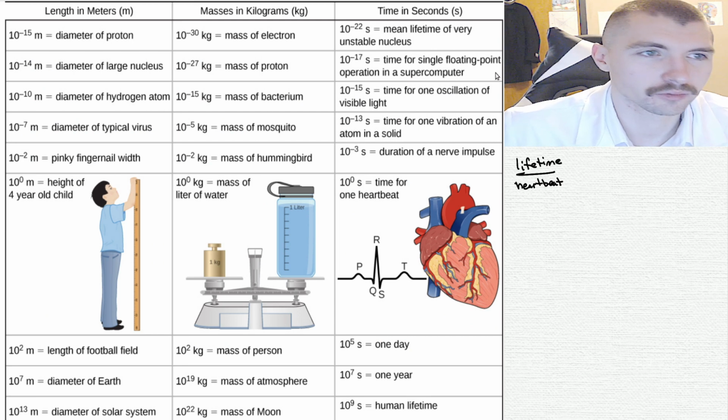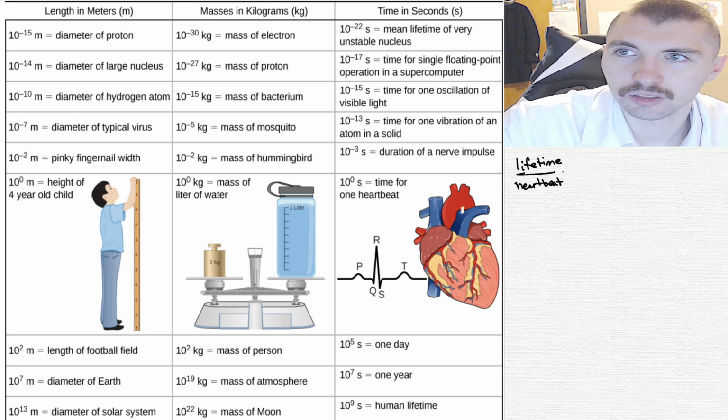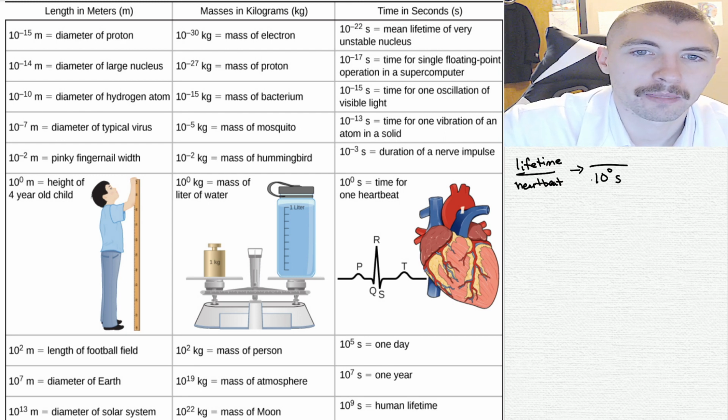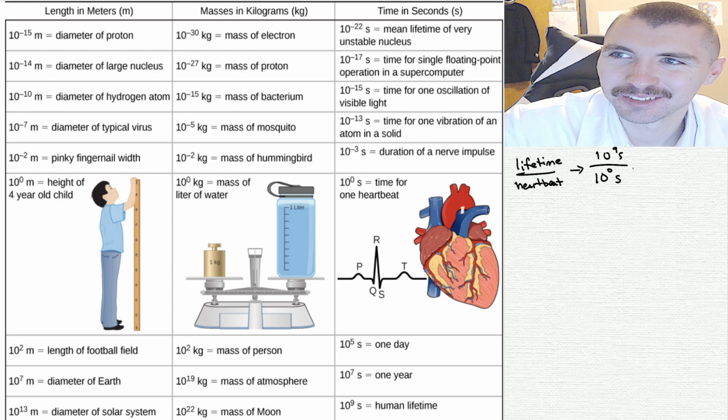All right, so heartbeat is 10 to the 0 seconds, and length of one lifetime is 10 to the 9 seconds. Okay. So seems pretty easy. Obviously you do 10 to the 9 minus 0, which is still 10 to the 9 seconds.